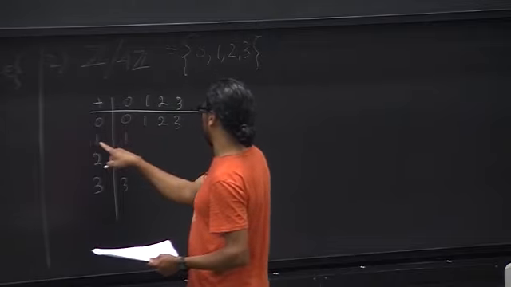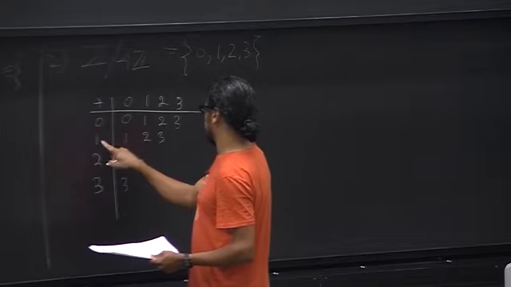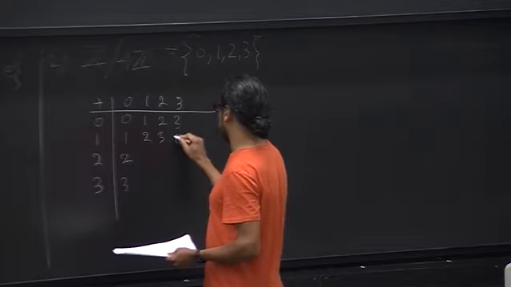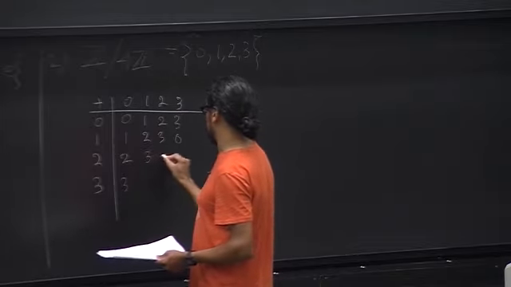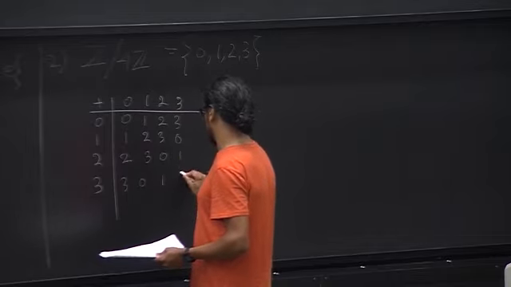But if I add now 1 plus 1, that's 2. 1 plus 2 is 3. Then 1 plus 3 should be 0, right? And 2, 3, 0, 1, 3, 0, 1, 2.